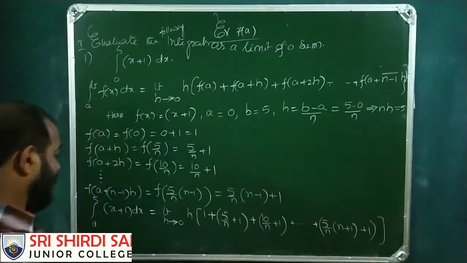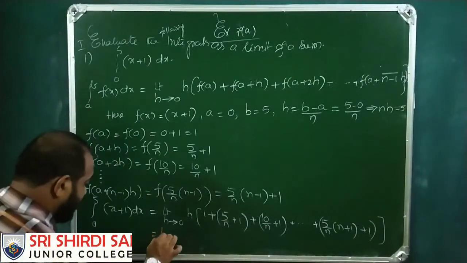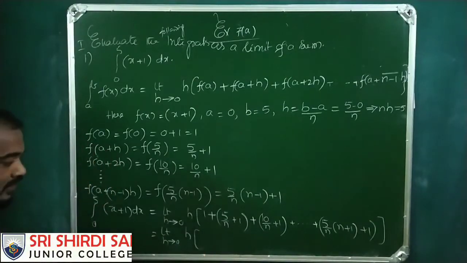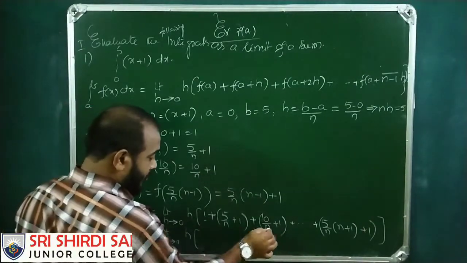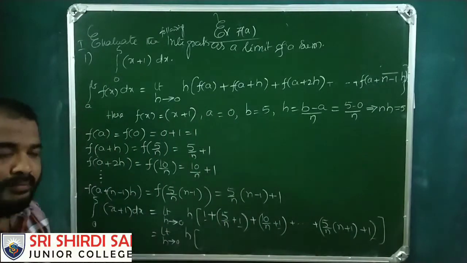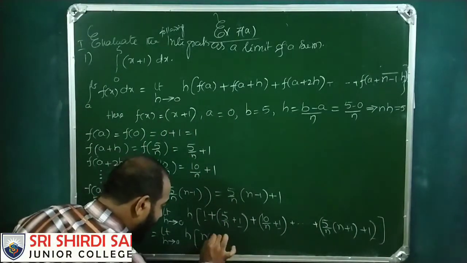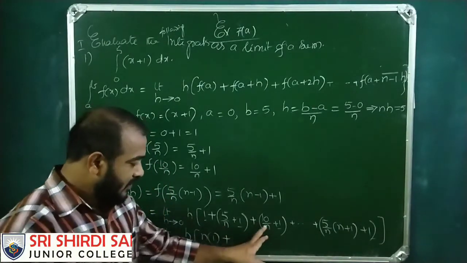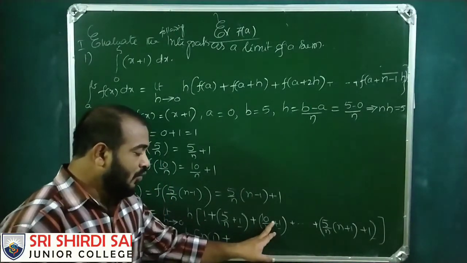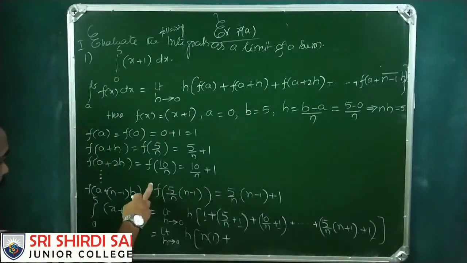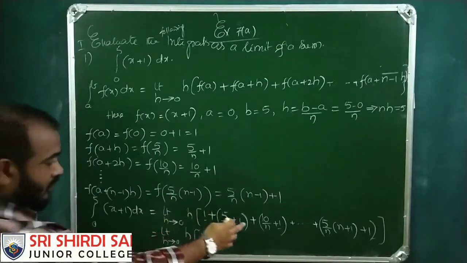That's it. So limit h tends to 0, h times: here 1, 1, 1, 1. These are n number of ones, so n into 1, plus here 5 by n, here 10 by n, 5 into 2 by n, etcetera, up to n minus 1.